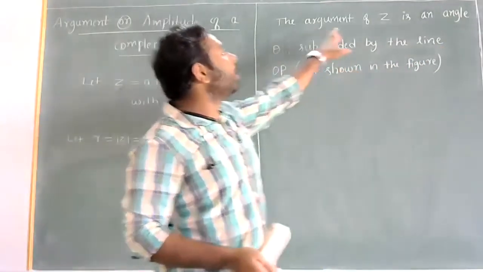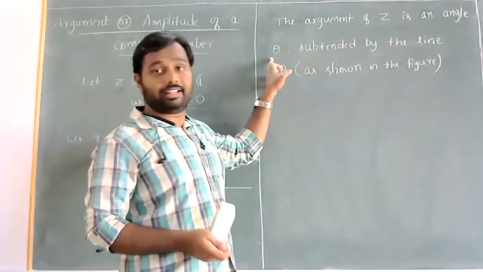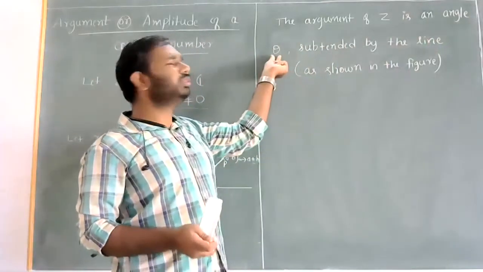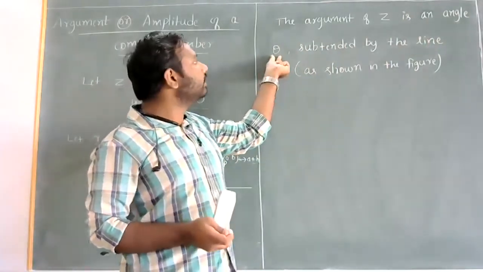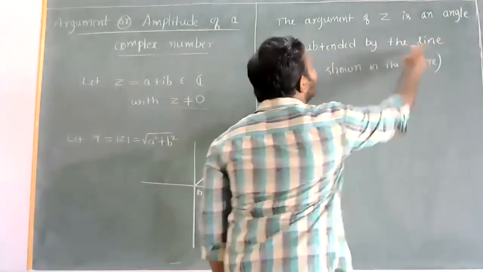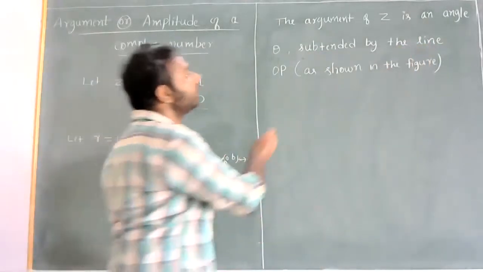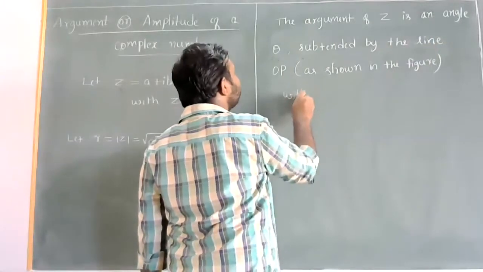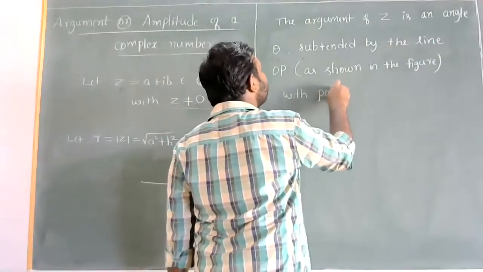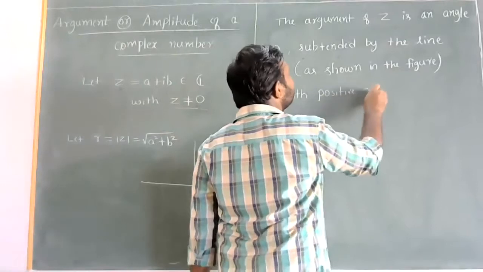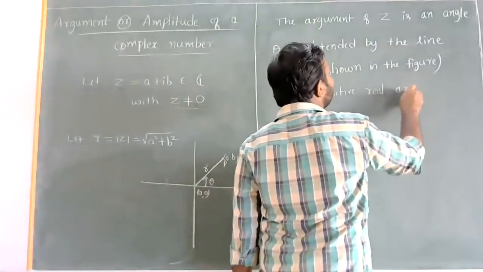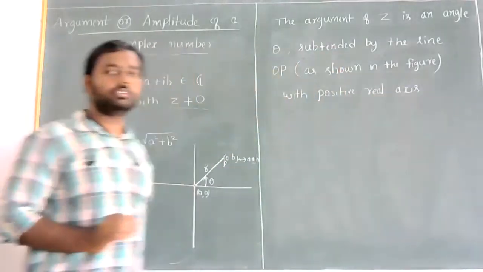The argument of z is an angle, which we usually represent by theta, subtended by the line OP with the positive real axis. Right?